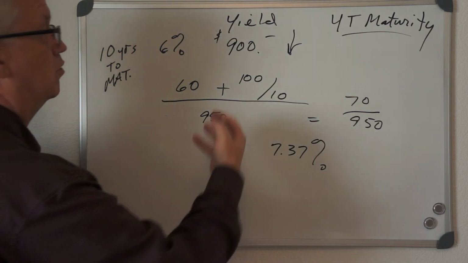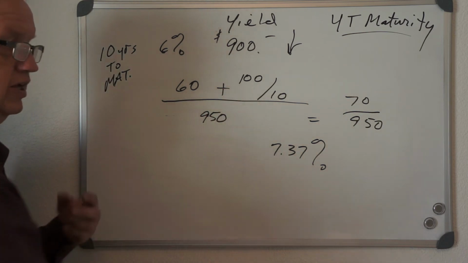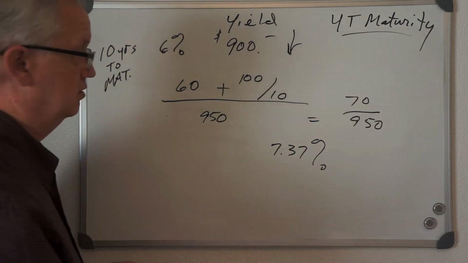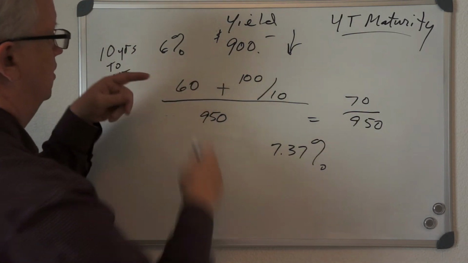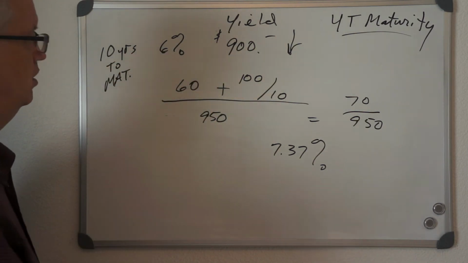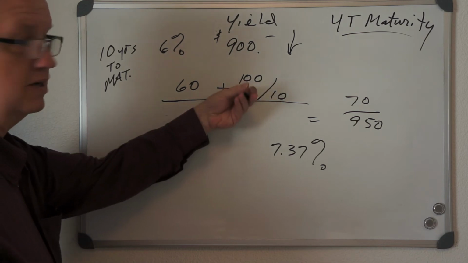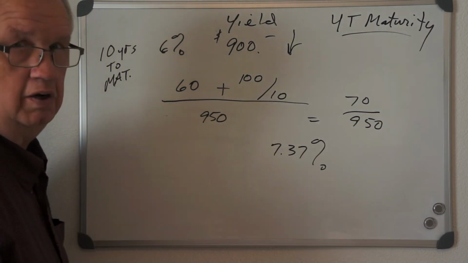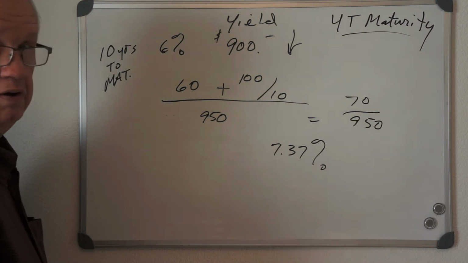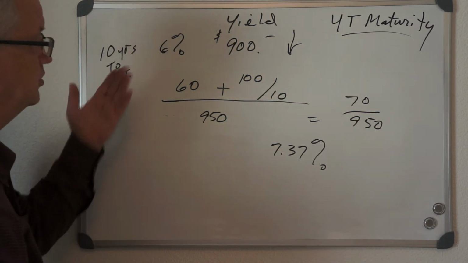Okay? Because we're adding in that benefit. We're calculating that benefit into the works, not just doing a straight pricing from the interest. Because we're actually getting 10 extra bucks every year. If we hold that to maturity, that's what we would have made. Not the 6%.